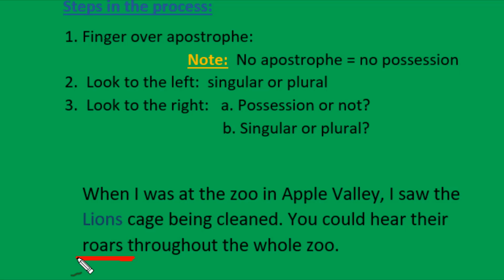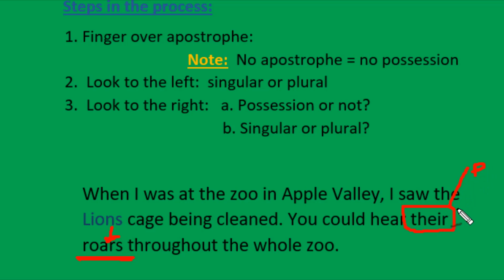Still confusing, because one lion could have more than one roar, and multiple lions could also have more than one roar. That doesn't help. But wait, see it? There. That's plural possession.